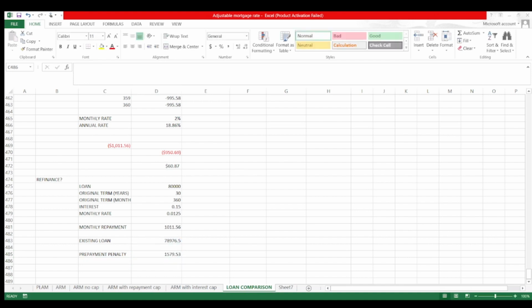And then we also have an origination fee of 2,500. And finally, the incidental closing cost of 25.